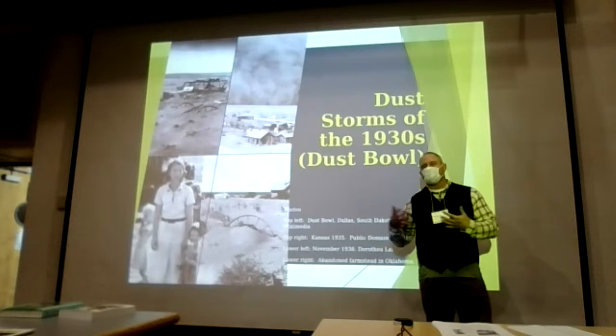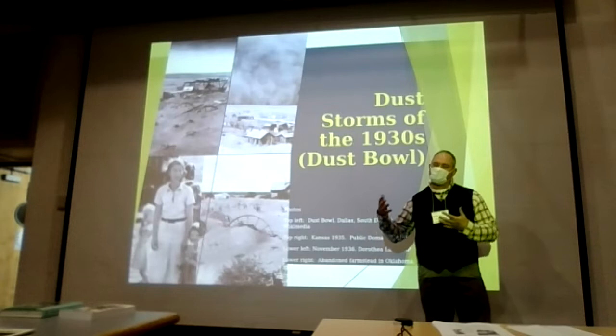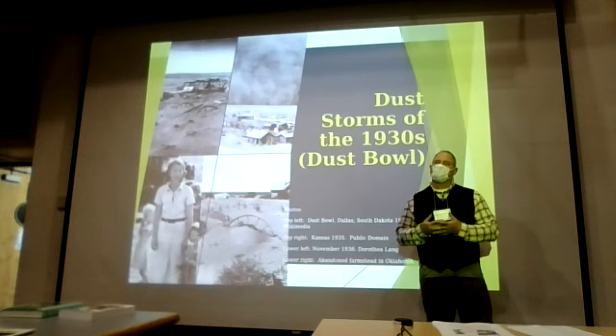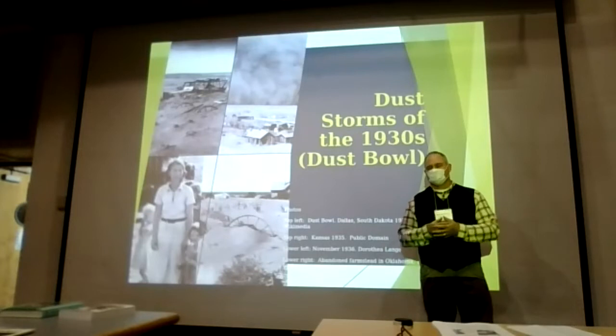But due to our agricultural use of that area, we took those warm season native grasses that were deep rooted and able to withstand all the things Mother Nature could throw at them, long periods of drought, and they were able to hold the soil there. But when that vegetation was removed to plant annual crops, that protection was lost.